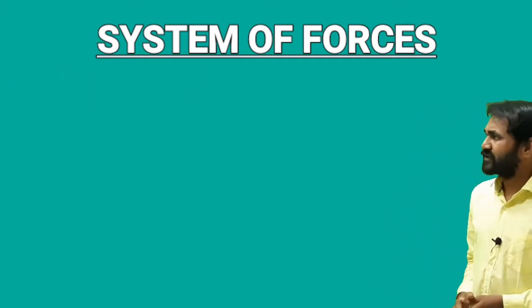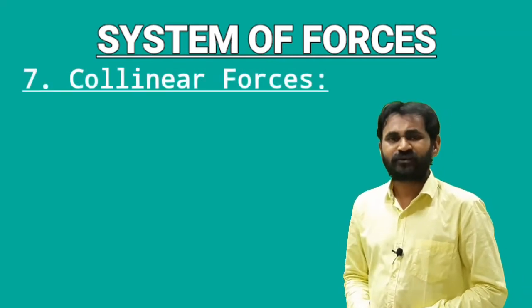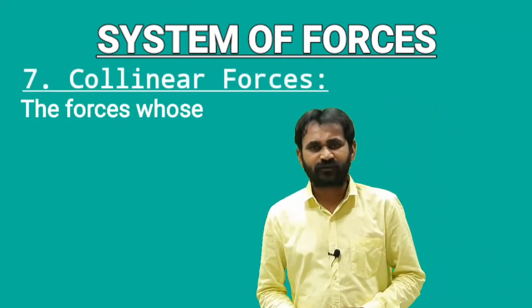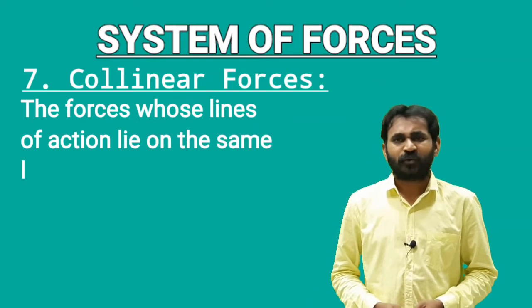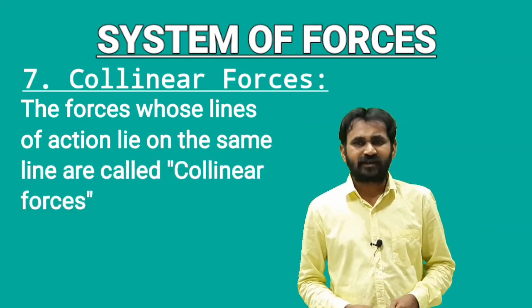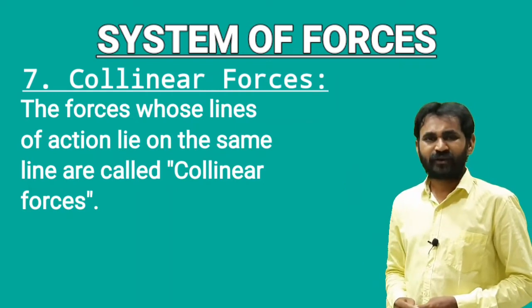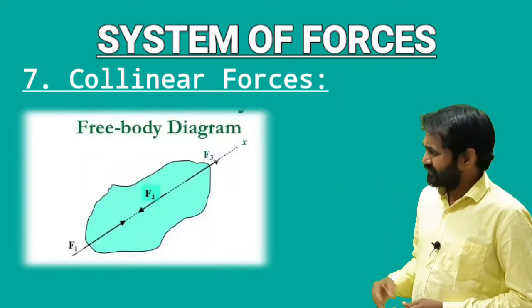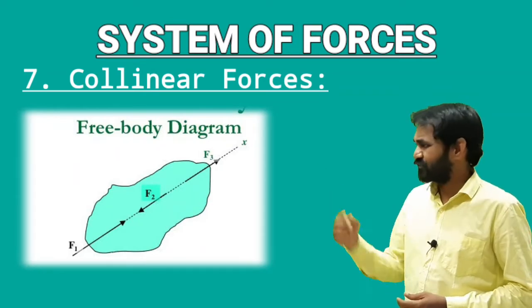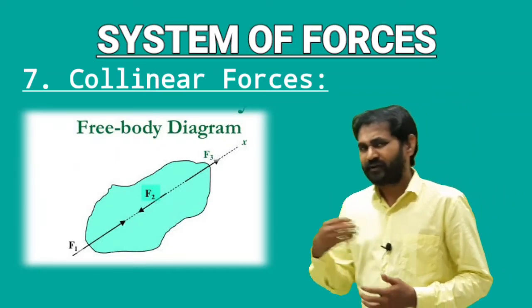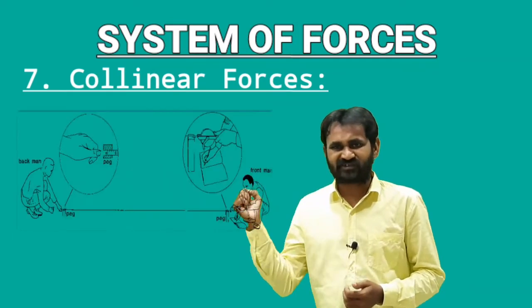And the next one is collinear forces. What are collinear forces? The forces whose lines of action lie on the same line are called collinear forces. In this image you can see collinear forces, and while you are doing surveying you will drag the chain.